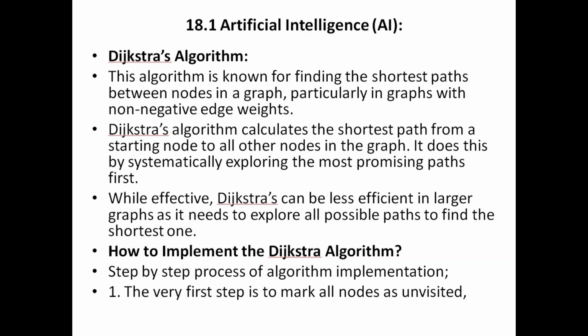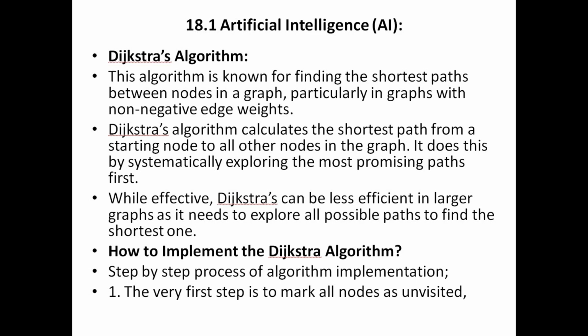Next we have Dijkstra's algorithm. This algorithm is known for finding the shortest paths between nodes in a graph, especially in graphs with non-negative edge weights. Dijkstra's algorithm calculates the shortest path from a starting node to all other nodes in the graph.